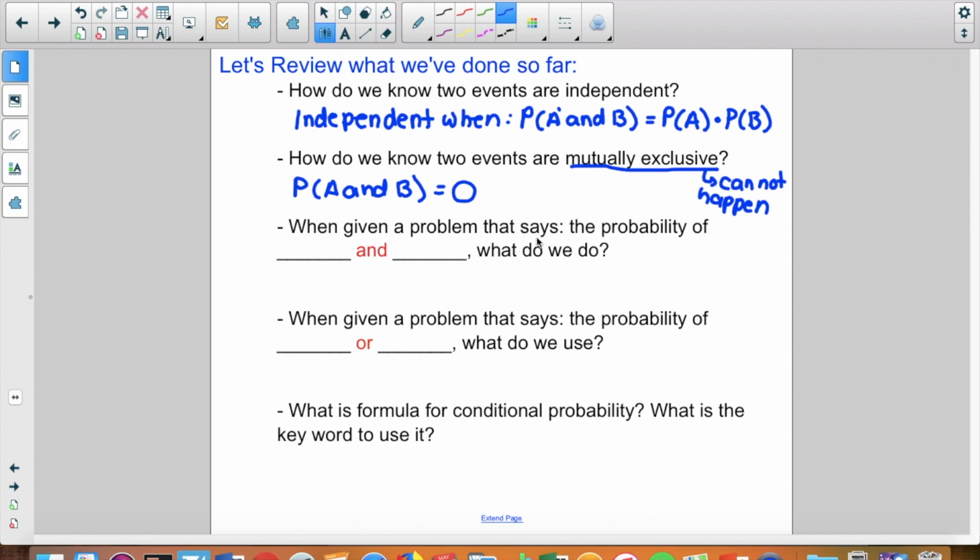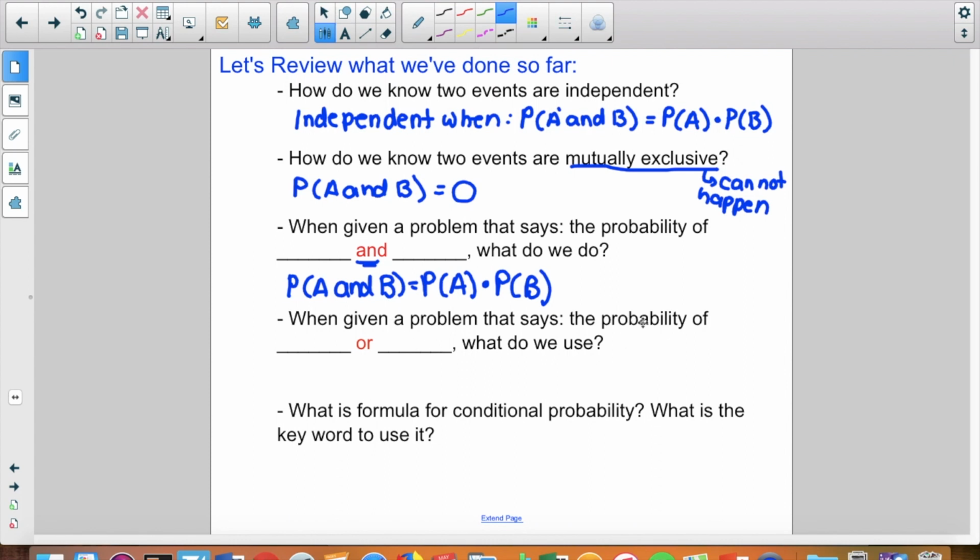When given a probability that says the probability of blank and blank, what do we do? So whenever we see and, that usually tells us to use this rule here. So the probability of A and B equals the probability of A times the probability of B.